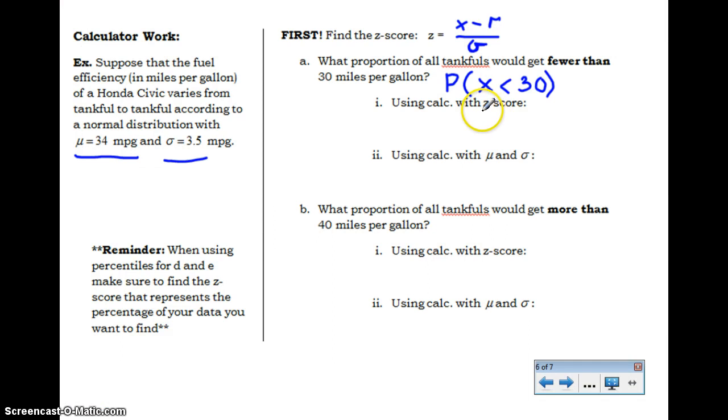Since this question asks for me to use the z-score, I'm going to have to find the z-score. So let's do a little side work. My z-score is going to be my x value, which is 30, minus my mean, which is 34. And then I'm going to divide by my standard deviation, which is 3.5.